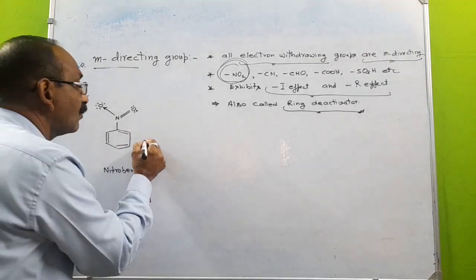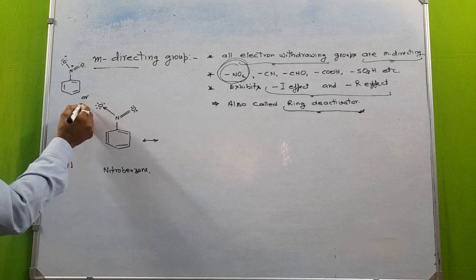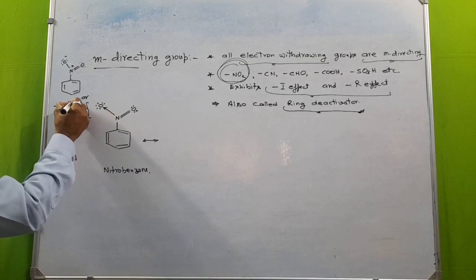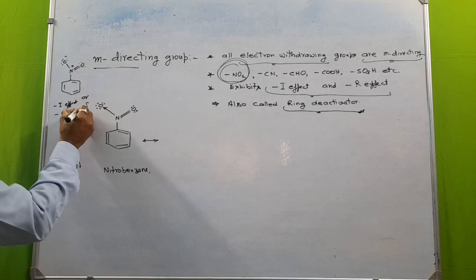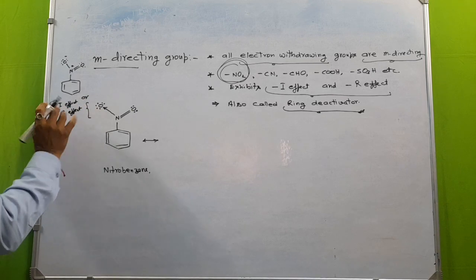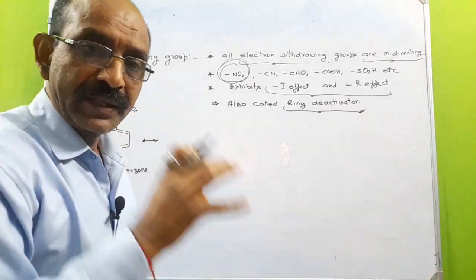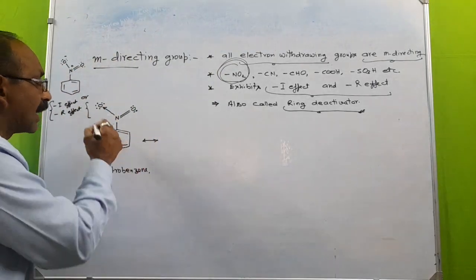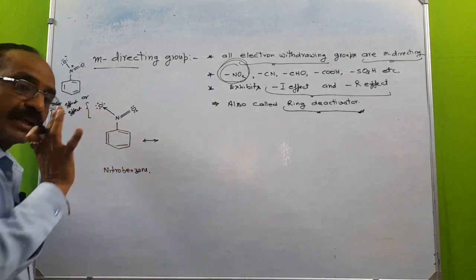See, what happens here? This NO2 group has a minus I effect as well as a minus R effect. And due to these two effects, the NO2 group will reduce the electron density at position 2, 4 and 6, and therefore attack will occur at only 3 and 5.